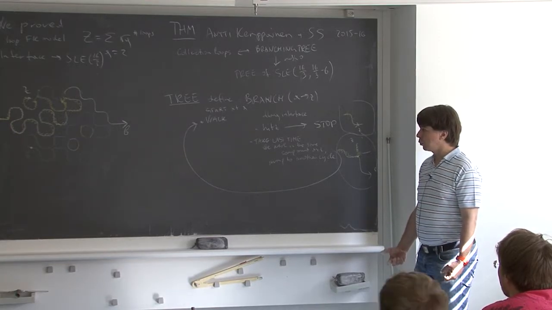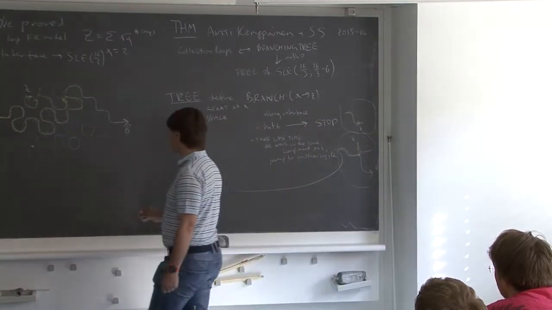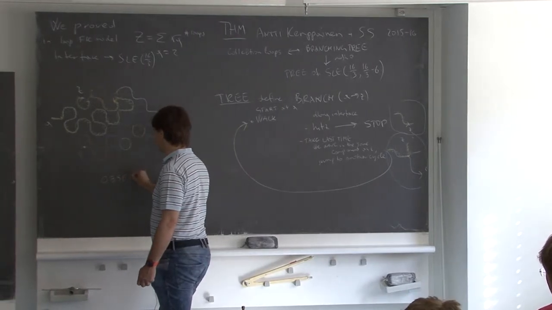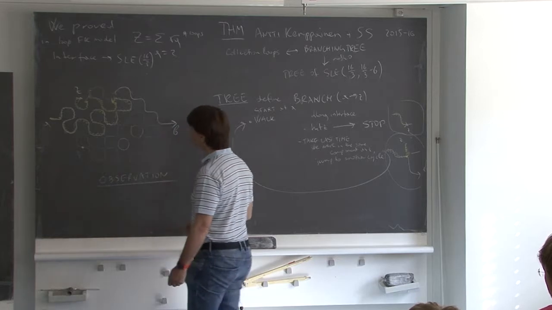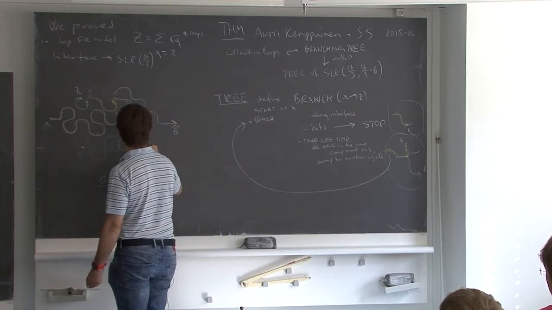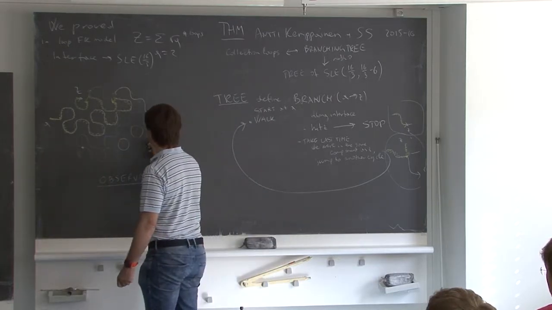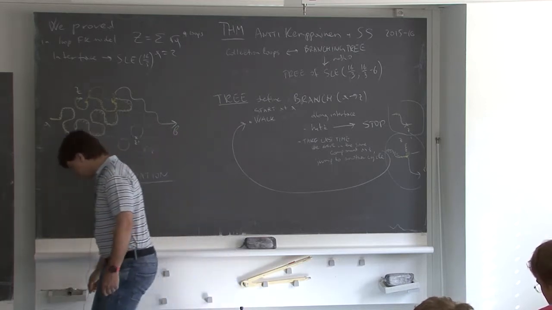Now the very important observation. I can't put it as a lemma, but it's too easy. So, observation. Suppose we take two different points, z and, for example, z prime. Let's see what happens with z and z prime.